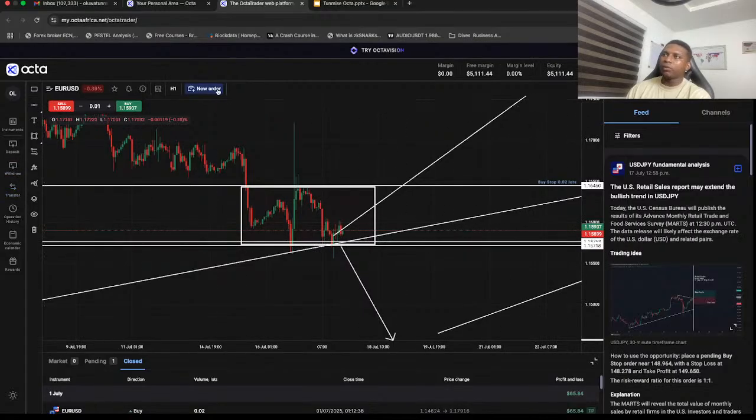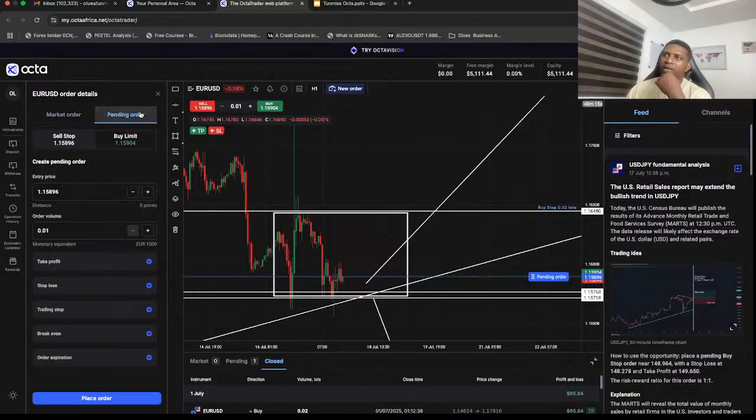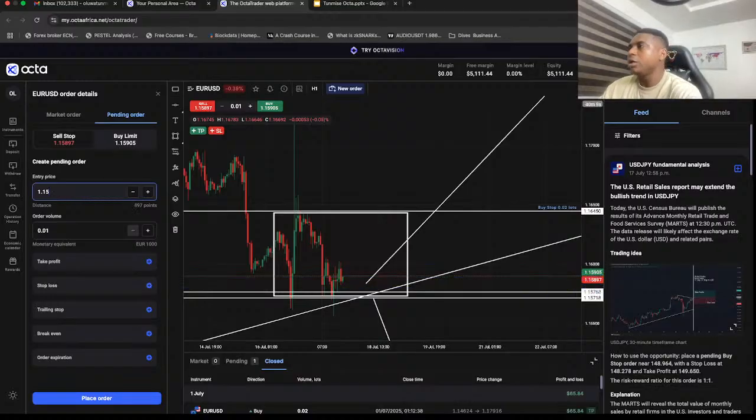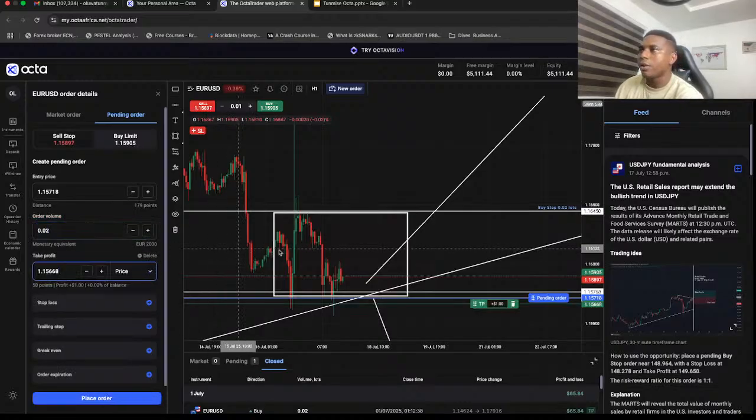I'm going to go to new order, pending order, sell stop, and put my sell stop order at 1.15718, and do 2 lots.